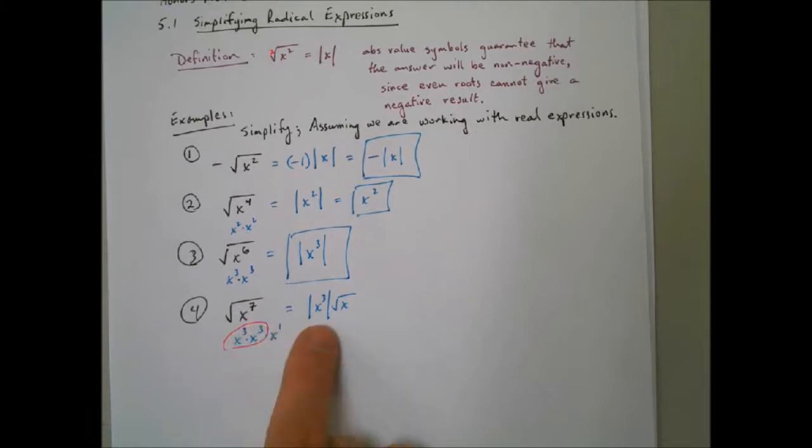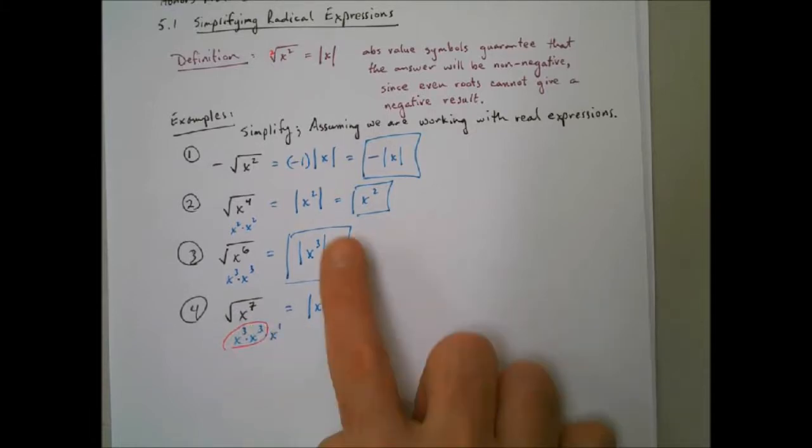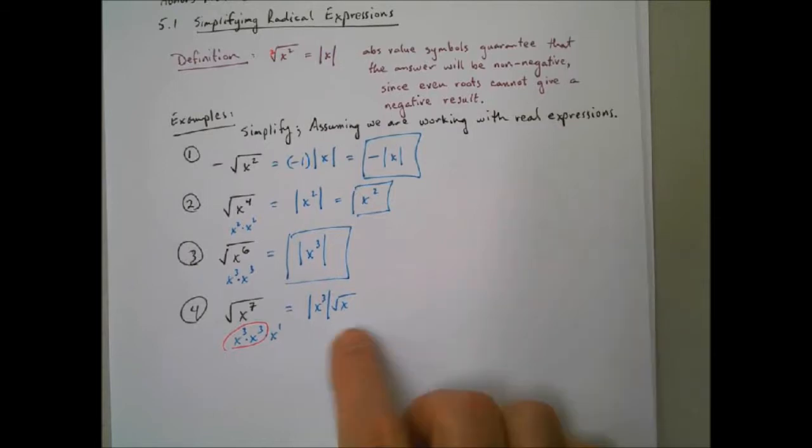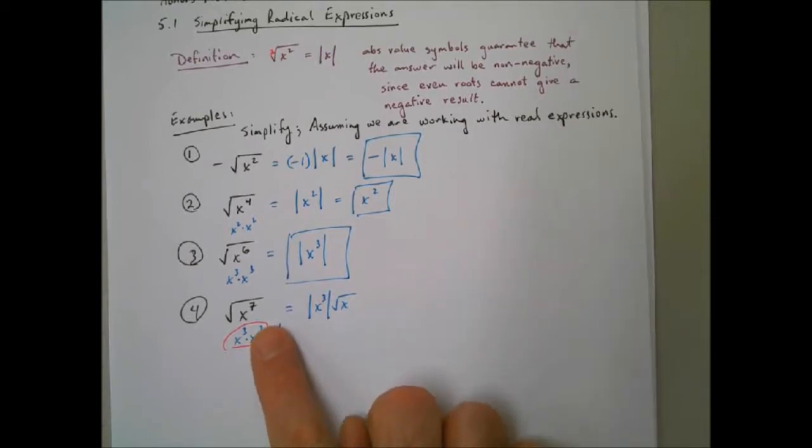And the square root of a negative is imaginary. And so assuming we are working with real expressions, x cannot be negative.